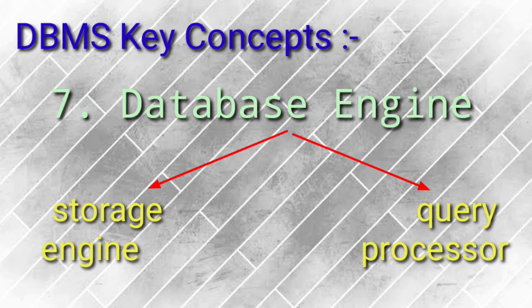The query processor will accept your SQL command when you run any command to retrieve data. It will execute that and give you the output from the storage engine where your data is written, or saved.